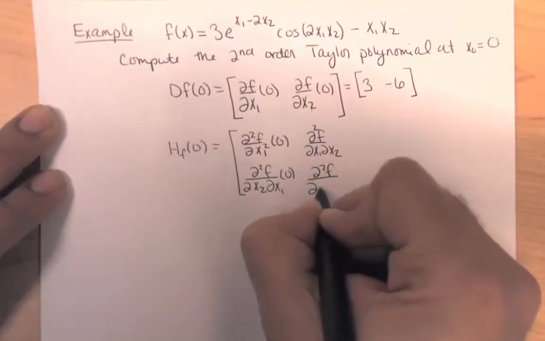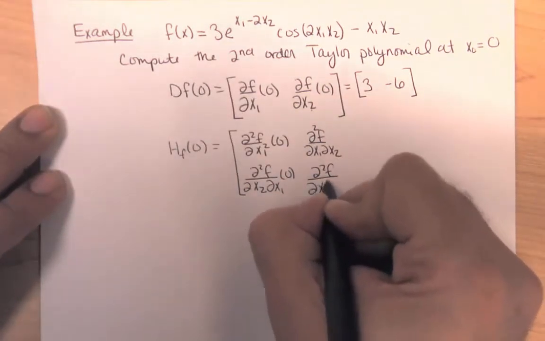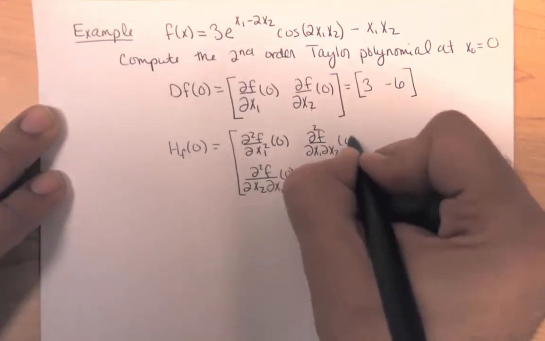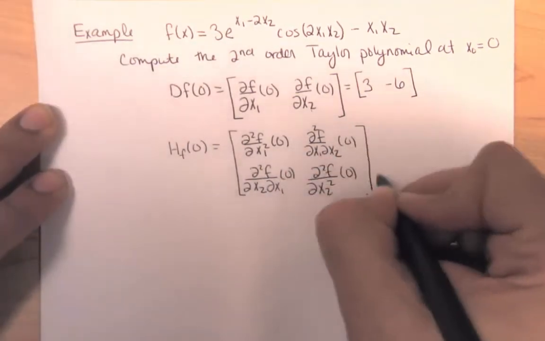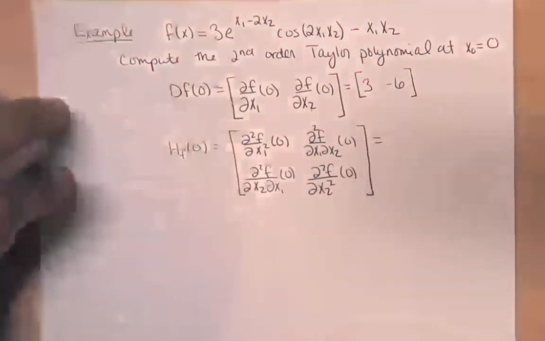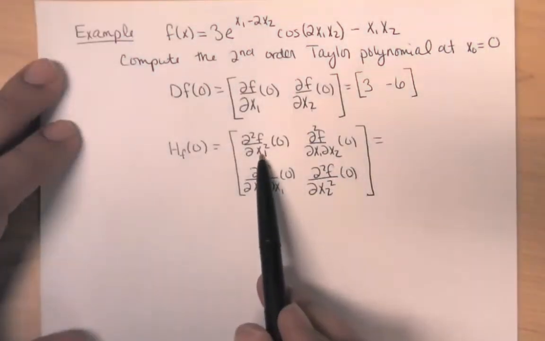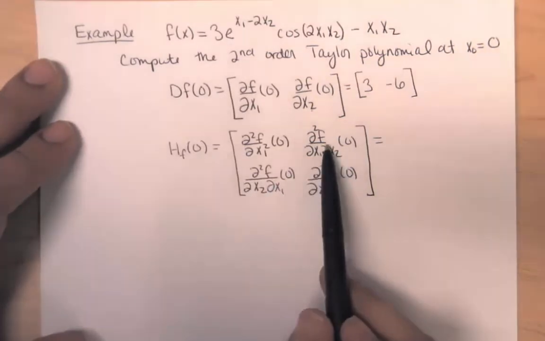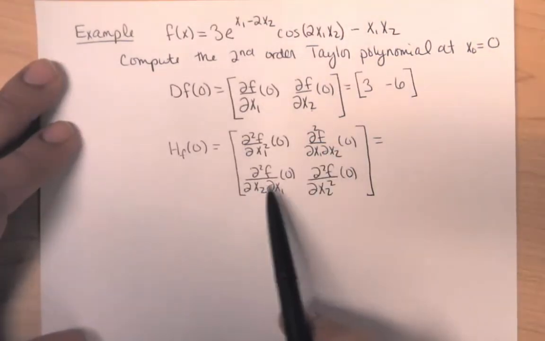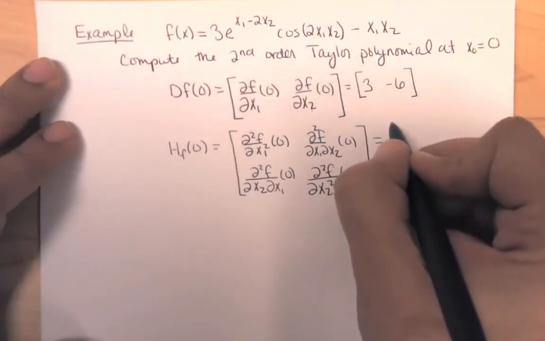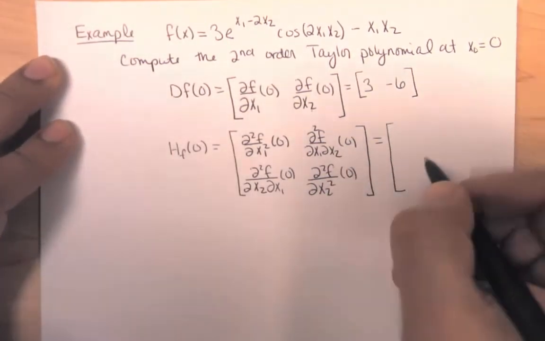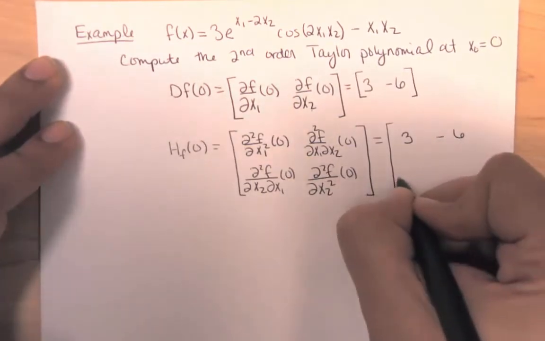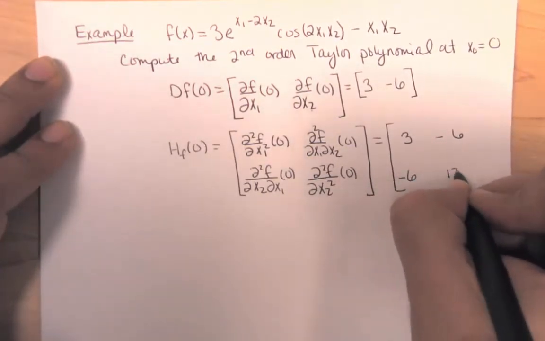Now, we also know that this function is sufficiently continuous that these two entries will be the same. So I'll let you go through and compute this derivative and this derivative and this derivative. You don't need to compute this one because you'll get the same thing as here, and then evaluate each of these at 0. You should get 3, -6, -6, 12.